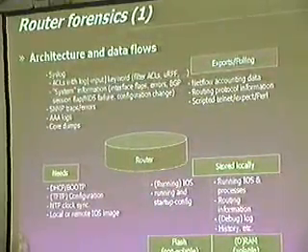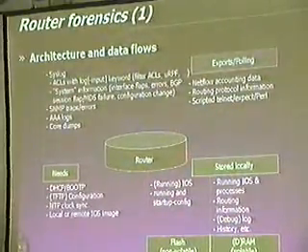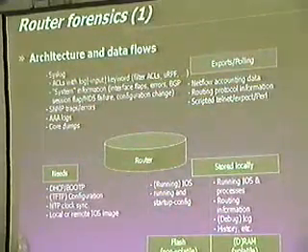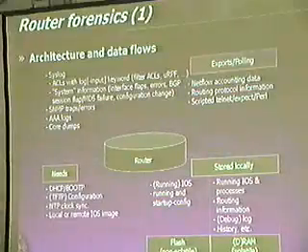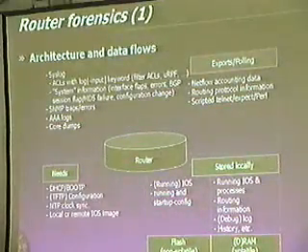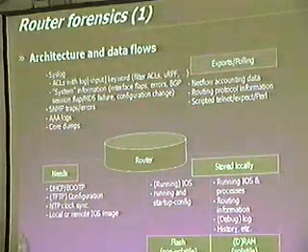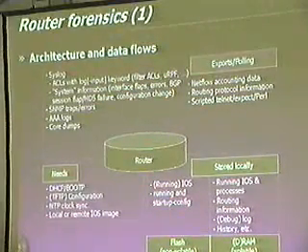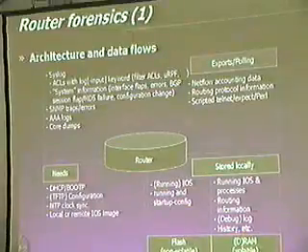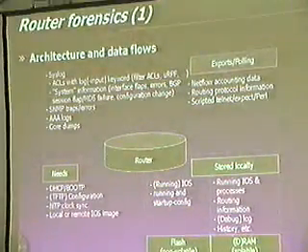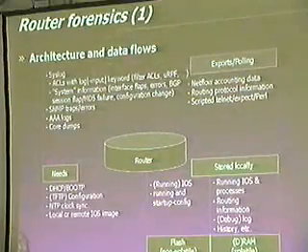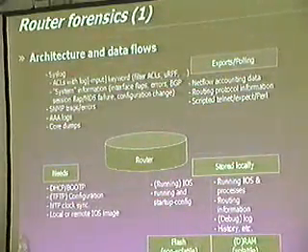Also, if you activate it on the router, when the router crashes, it can automatically upload core dumps of the image and memory through FTP, I think, to see what went wrong. You will also have all the NetFlow accounting data. NetFlow is basically a protocol that counts all the traffic flowing out of the router and logs it centrally to help you analyze your traffic flow. It's usually used for traffic engineering.